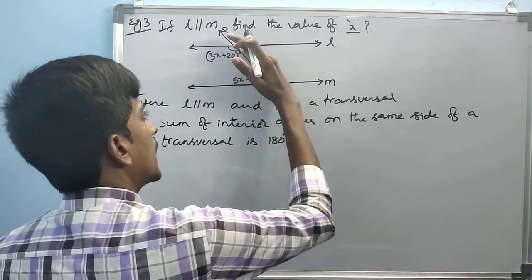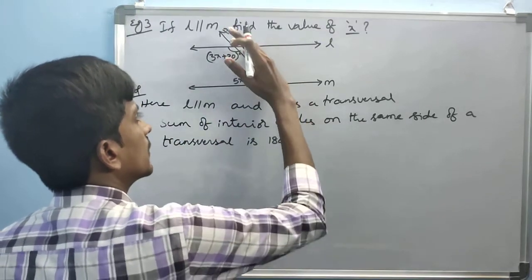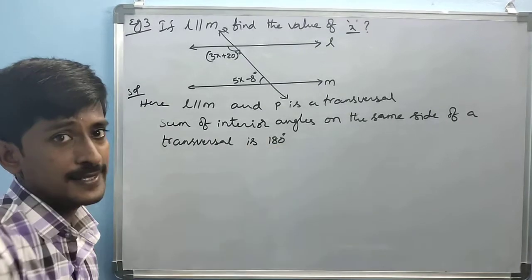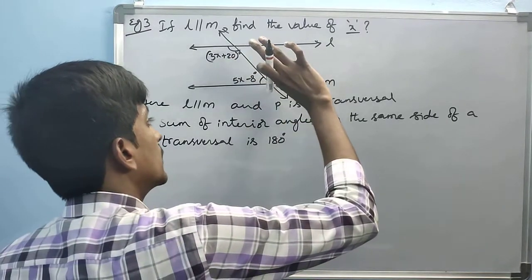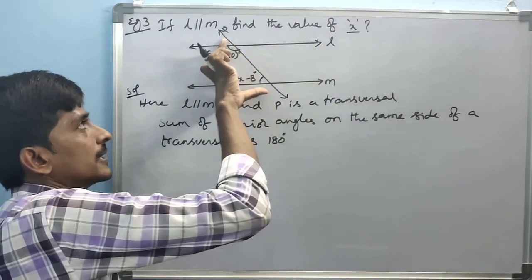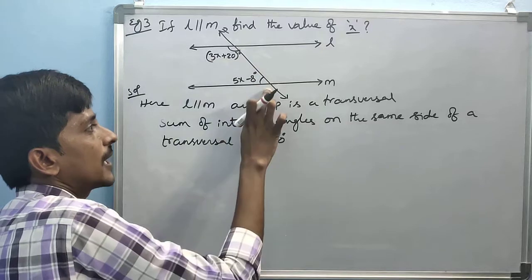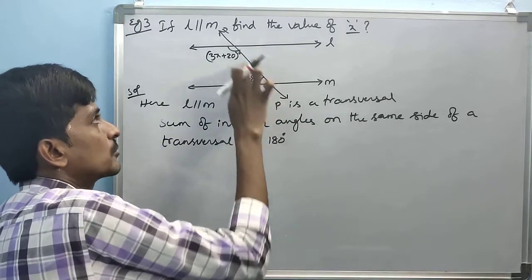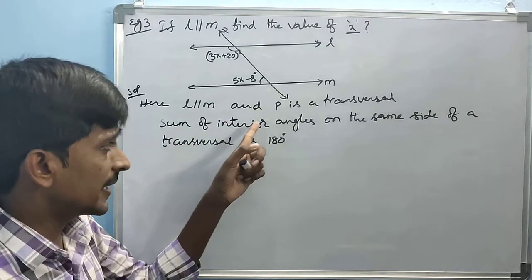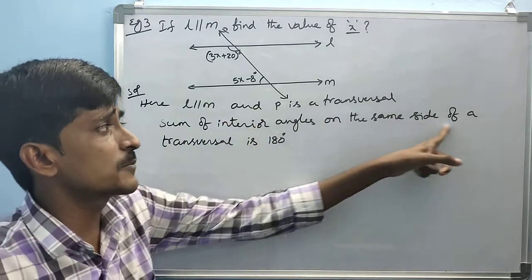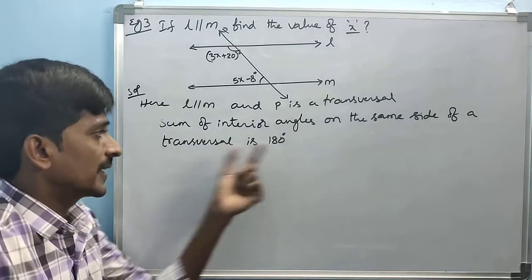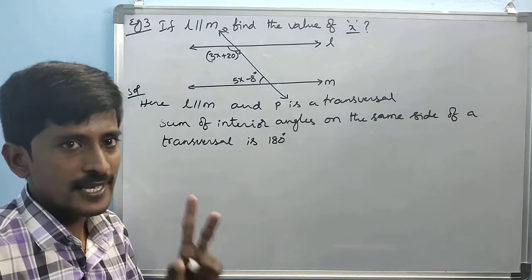These two angles and these two angles are like this. These two angles are adding, that gives 180 degrees. And the exterior angles also, this one and this one. These two angles also, the sum of these two angles is 180 degrees. Sum of interior or exterior angles on the same side of a transversal is 180 degrees. That is the condition.